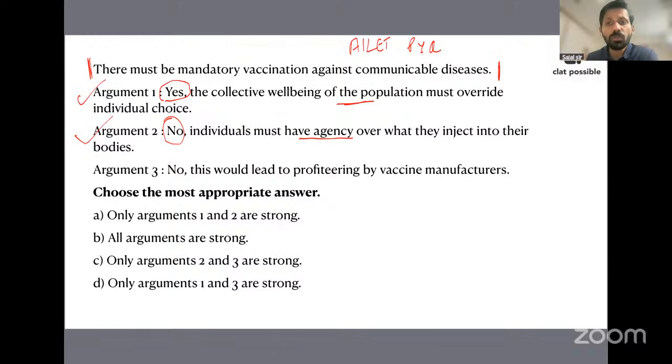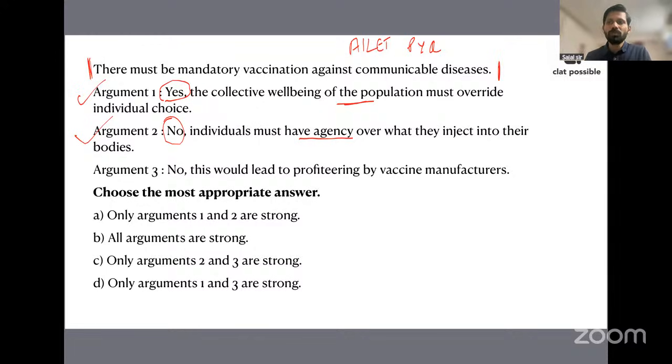Argument three says no, this would lead to profiteering by vaccine manufacturers. Now that doesn't seem to be a good enough reason, right? So on one hand, somebody argues that there must be mandatory vaccination because the collective well-being of the population must override an individual's choice, and on the other hand, somebody turns around and says that vaccine manufacturers will profit out of it.